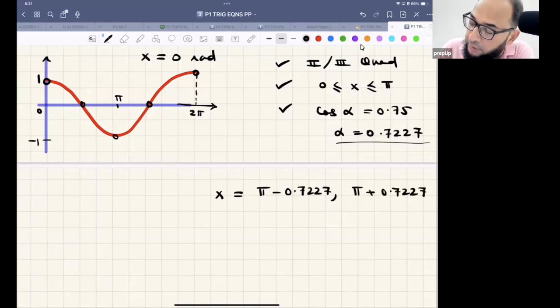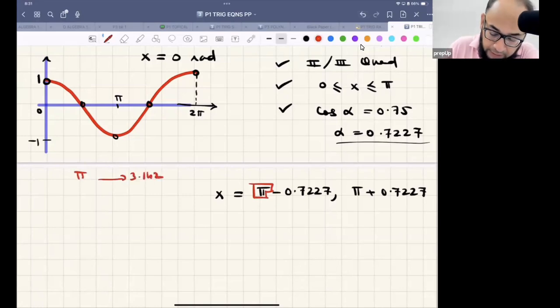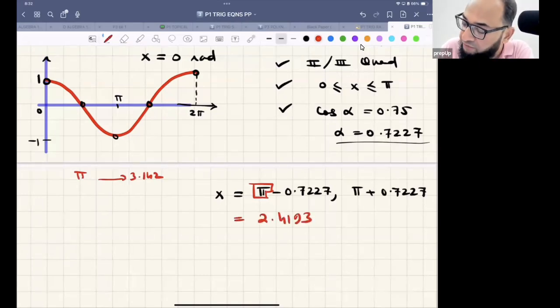Now what is pi? Pi is 3.142. So again, the basic calculator, 3.142 minus 0.7227 comes out to be 2.4193, which simplifies to 2.42.